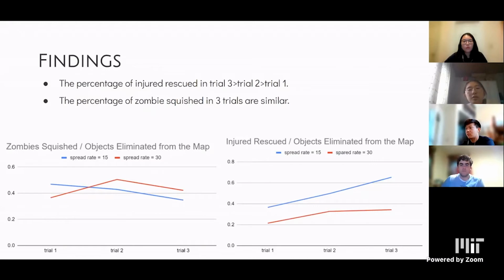So the percentage is calculated by, for example, the percentage of injured rescued is the number of injured rescued over the number of injured rescued plus zombies squished plus innocent people squished, which is the total objects eliminated from this map. Also, the percentage of zombies squished in the 3 trials are similar.